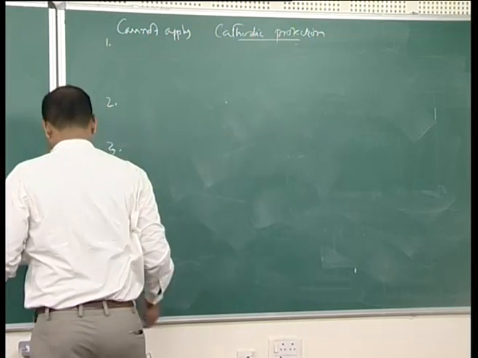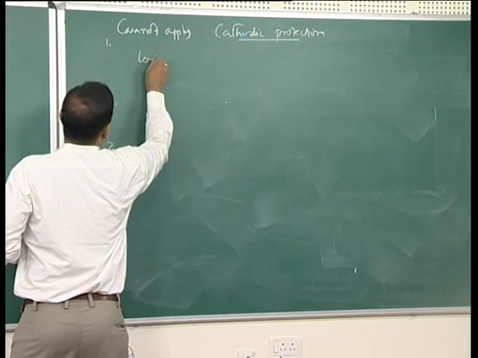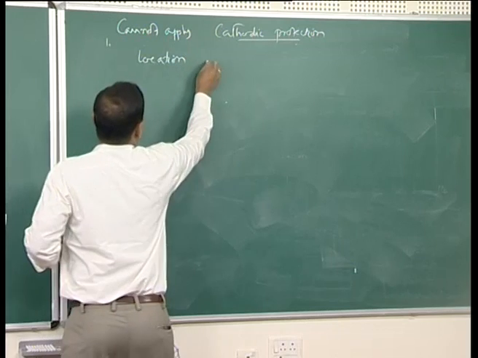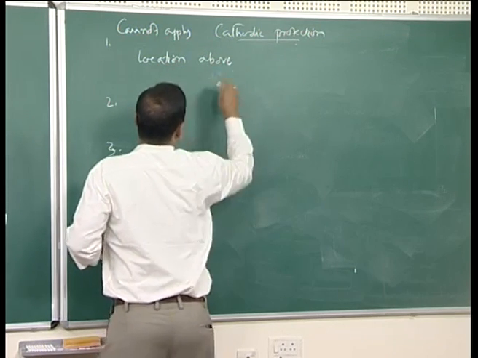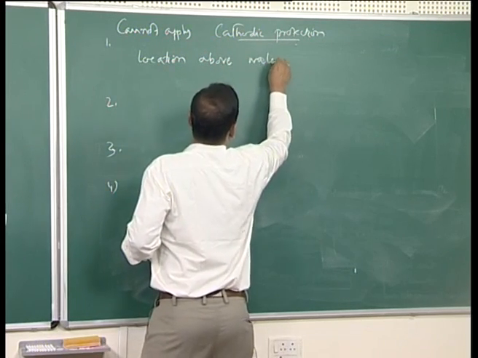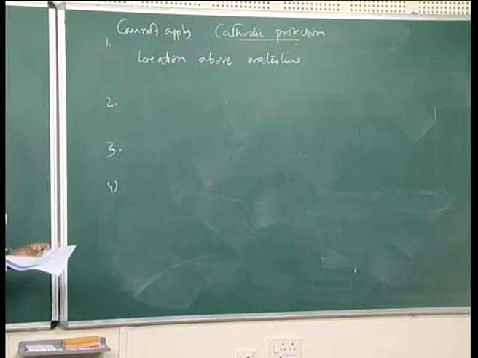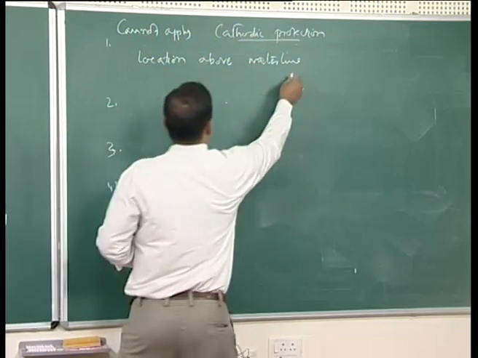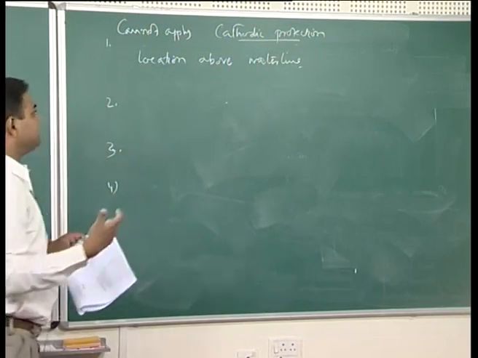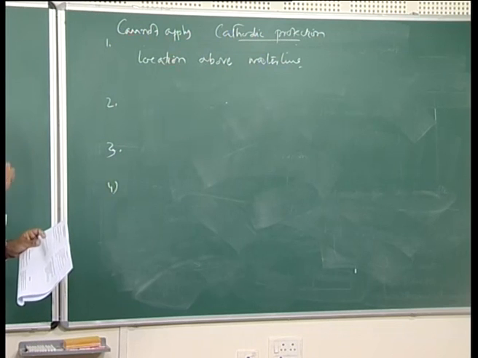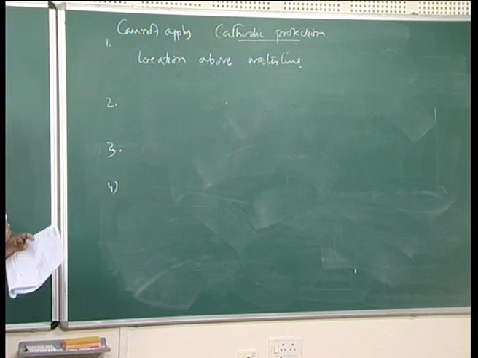First is location above water line, or the part which is not in electrolyte, which is not in contact with the electrolyte. So, that location above water line, because there we are losing intimate contact between electrolyte and the metallic object.